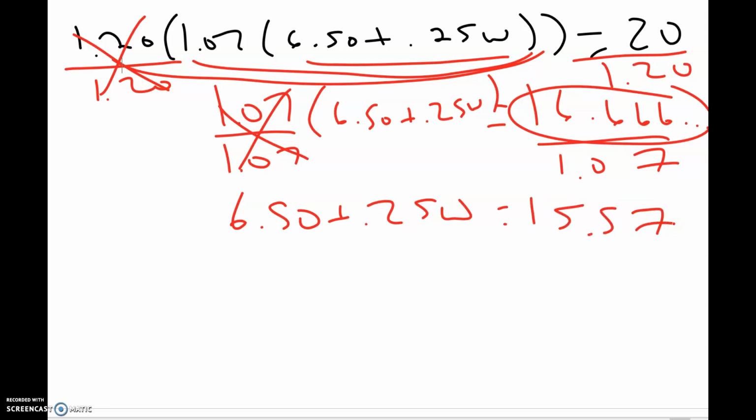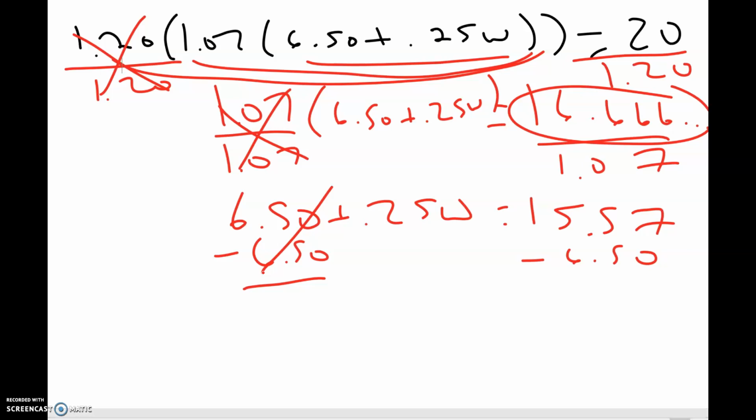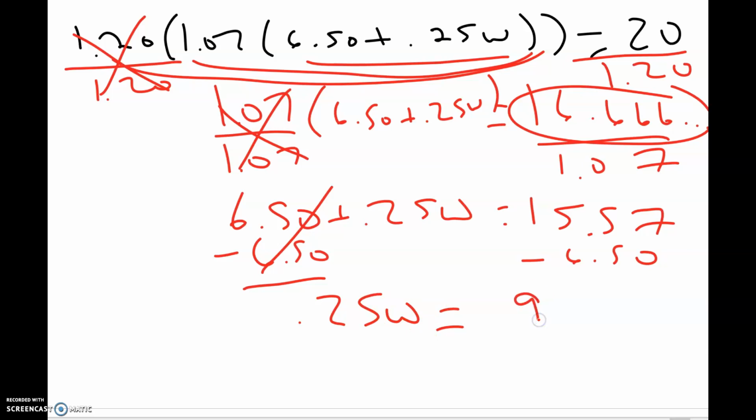And then at this point, you would have to undo adding and subtracting. So to get rid of that, I'm going to subtract 6.50. And then what do we have? 9.08 about. That doesn't seem right. What is it?